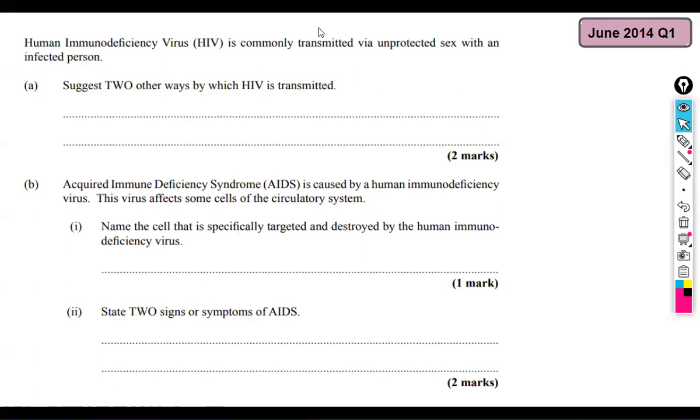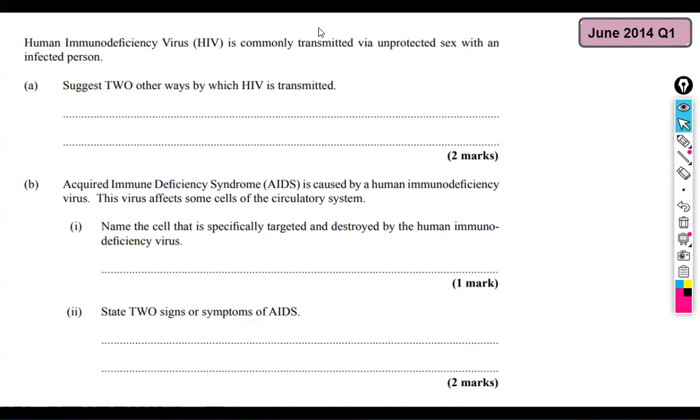So part A wants 2 other ways other than unprotected sex that transmits HIV. Now, there are about 3, where one of them is a kind of gray area, but I know HIV can spread via the use of needles, via blood. Remember, a few weeks ago, I was discussing drug addicts. They usually share needles to share their drugs. And obviously, when you push the syringes in their arms and whatnot, the blood gets on the needles.